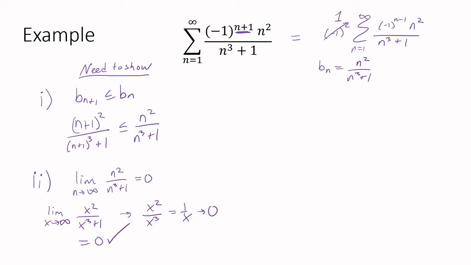Now, there's a couple ways to do this decreasing. You can either try to algebraically manipulate what we have written here, or you can switch this to x's, x squared over x cubed plus 1, and then you can take the derivative of this and just show that that derivative is negative for all the x's we care about.